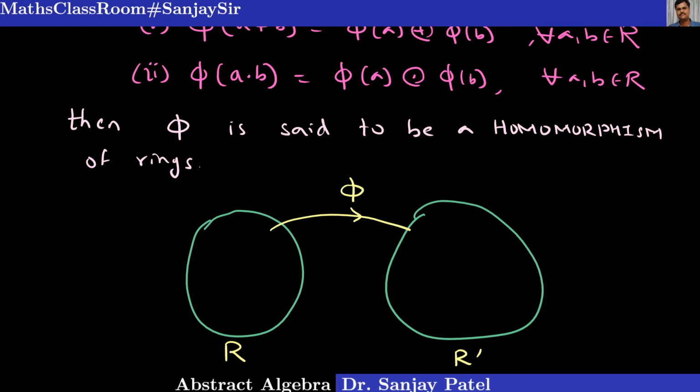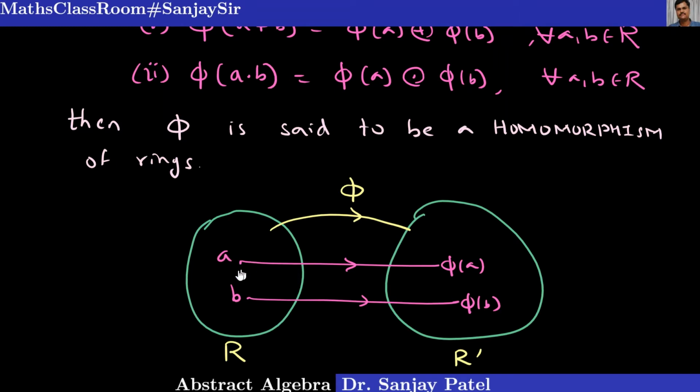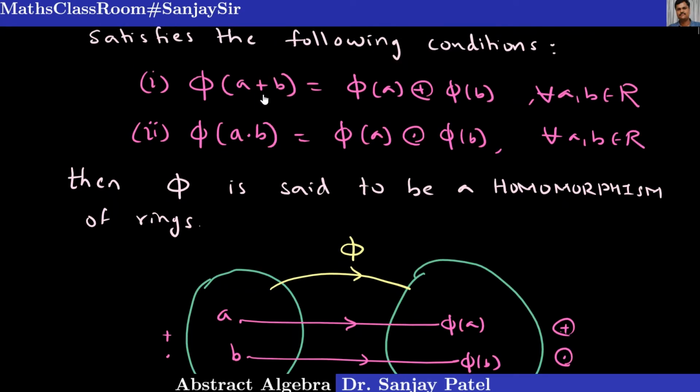If we take any element here in this ring, say a, its image, or in simple language its value, belongs to this codomain. If we take b here, its value φ(b) belongs to this codomain. The operations of this ring are plus and dot, while the operations of this ring are plus circle and dot circle. These are the addition and multiplication of the two rings. Here this plus is written between the elements a and b which are in R, so this plus is the addition of ring R.